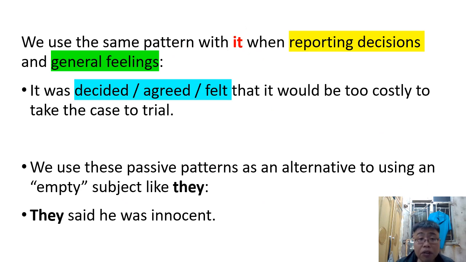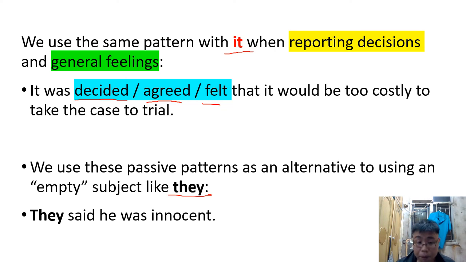Next, we use the same pattern with "it" when reporting decisions and general feelings. So apart from "believed" and "estimated," we can use "decided," "agreed," and "felt" in this structure. And sometimes we put a dummy subject, that is "they." What is the meaning of dummy?